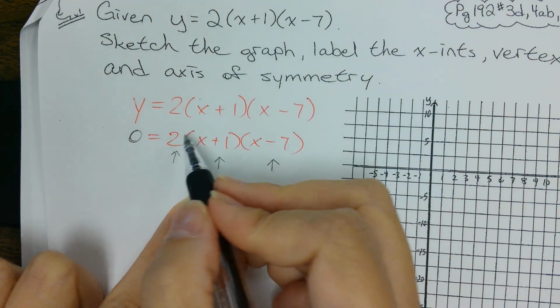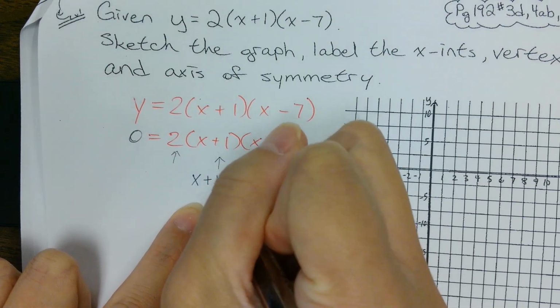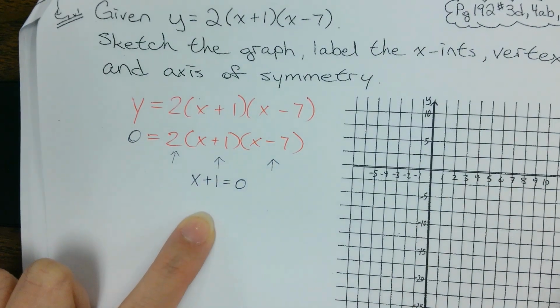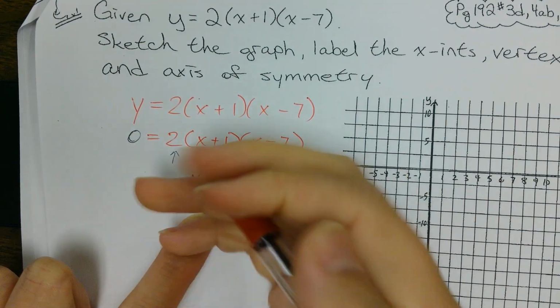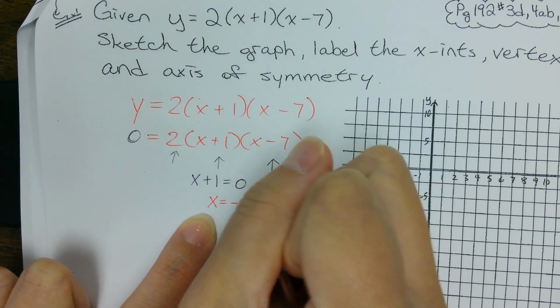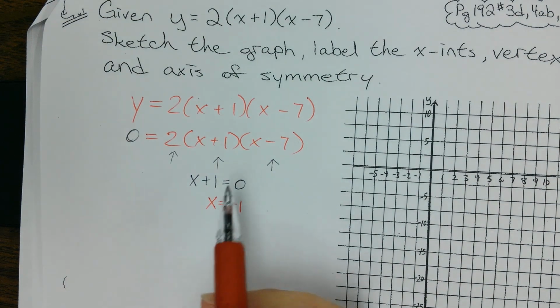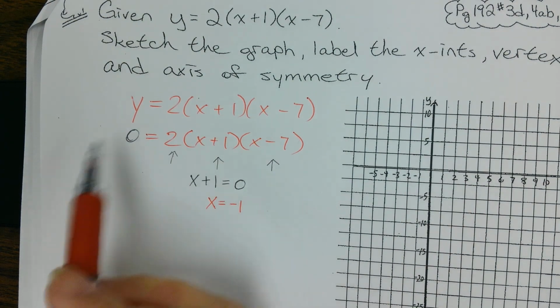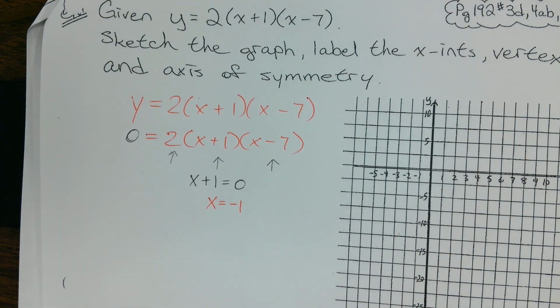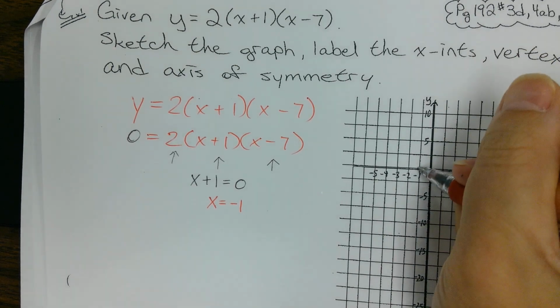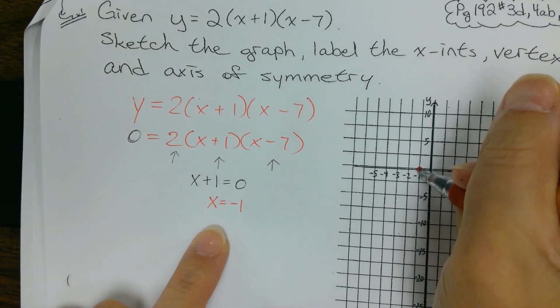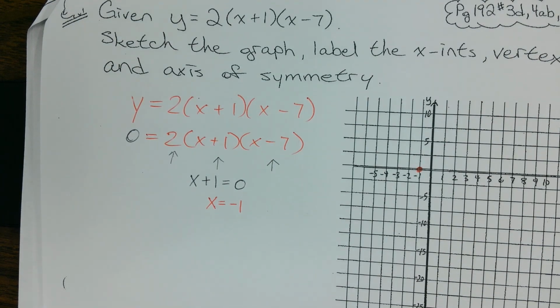So x plus 1, if you set this to 0, that means x equals negative 1. So if x is negative 1, this equation is true. That means one x-intercept is at negative 1.